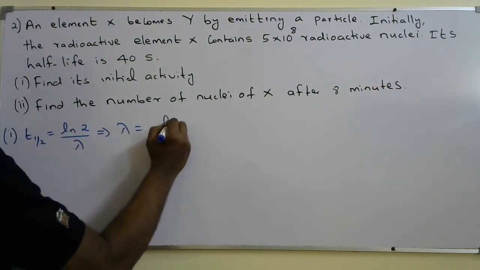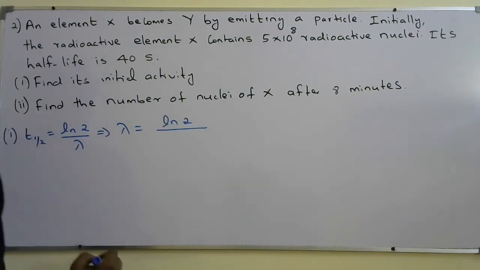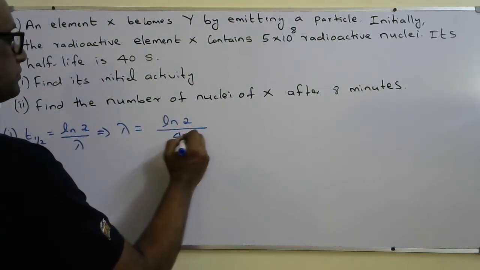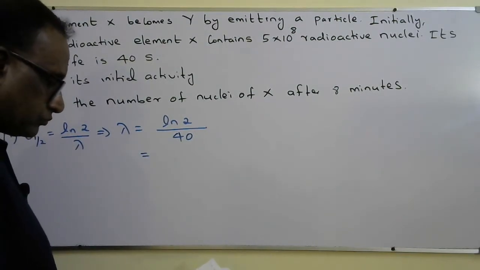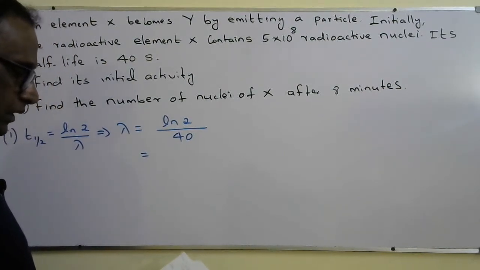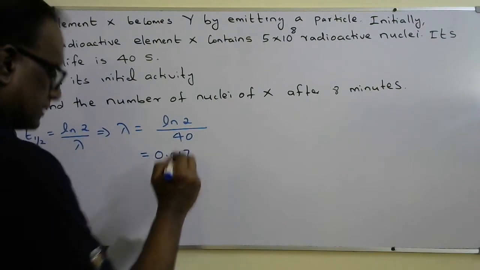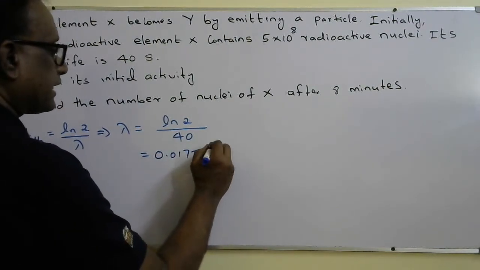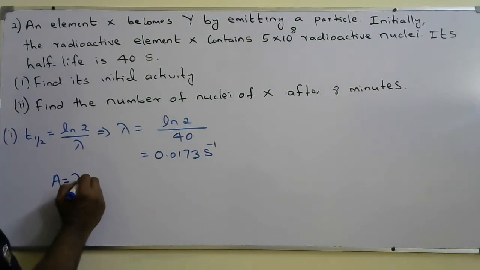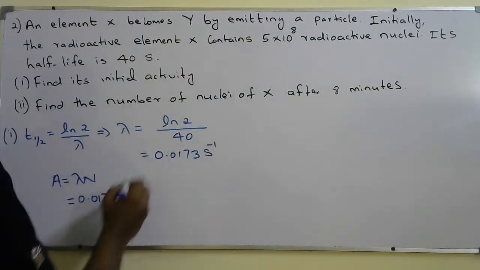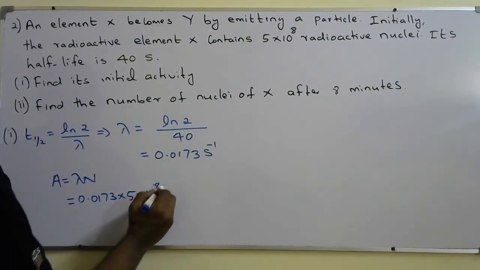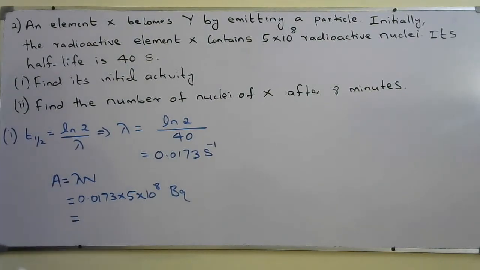From that we'll find lambda: ln2 over the half-life, given as 40 seconds, so lambda becomes 0.0173 per second. Then A equal lambda into 5 into 10 to the power 8 Bq. Solve it and you will get the answer, that will be 8.65 into 10 to the power 6.